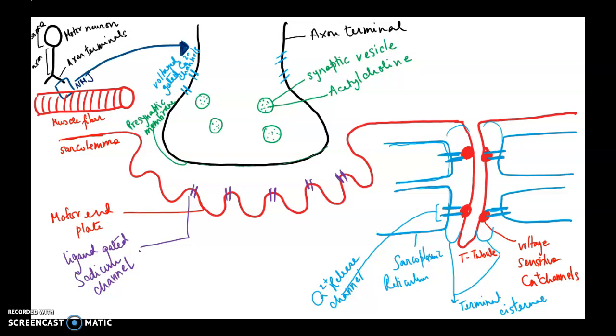It's like a lock and key thing. If you think of these channels as locks, there has to be a key that will bind to these locks to open them. They are different from the voltage-gated calcium channels that we saw on the axon terminal.